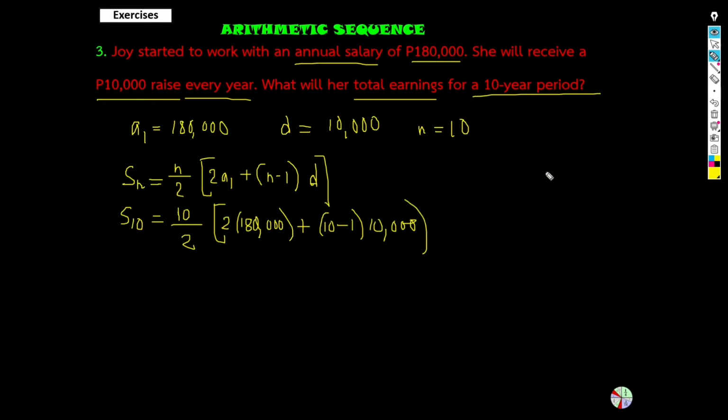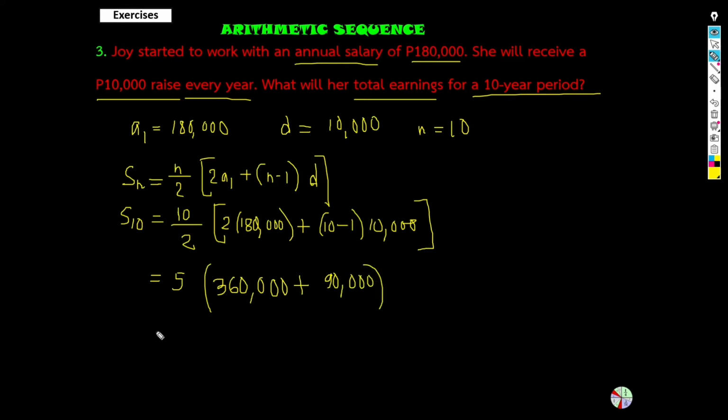Okay, oops, that must be a bracket. Now, 10 over 2 is equal to 5. Then 180,000 times 2 is equal to 360,000, plus 10 minus 1 is 9 times 10,000, so that is 90,000.